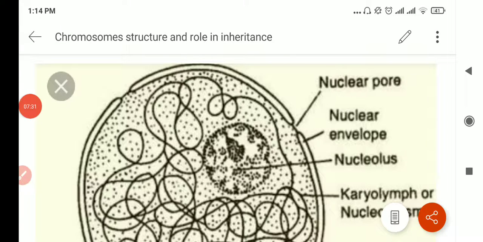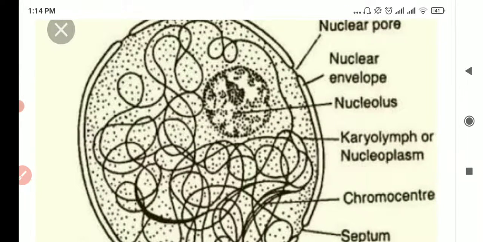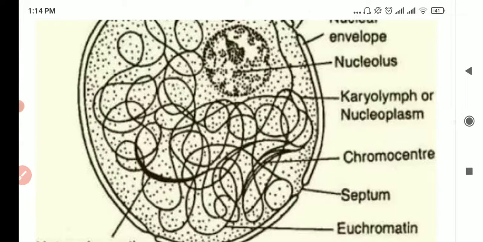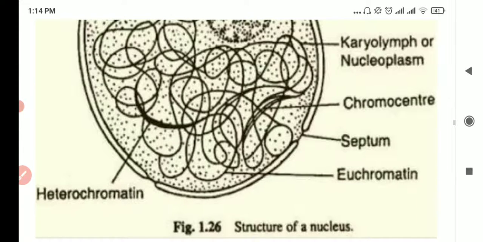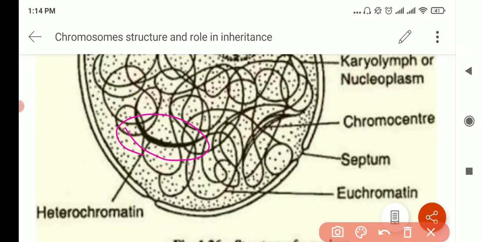You can see the nuclear pore, the nuclear envelope, the nucleolus, no? Then the nucleoplasm. It's like cytoplasm but inside the nucleus. Then the chromocenter. Chromocenter is your heterochromatin. Then the septum. Then you can see some euchromatin and some thick part, which is the heterochromatin. This thick part is the condensed part, and this is the thin part, the euchromatin.